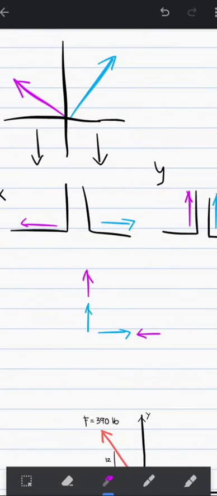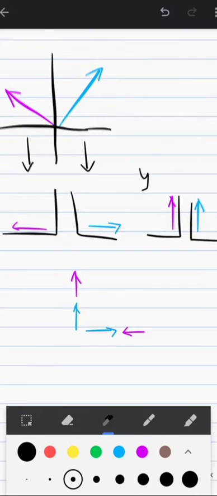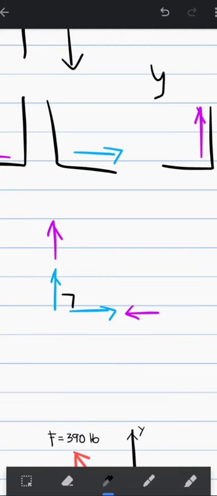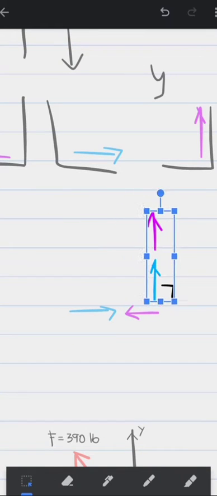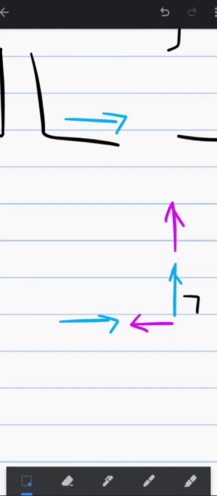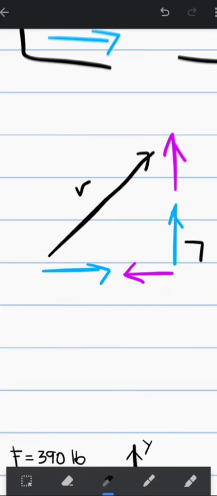And if we already have the vectors perpendicular to each other, we can use the idea of tip to tail and solve for the resultant by means of the Pythagorean theorem.